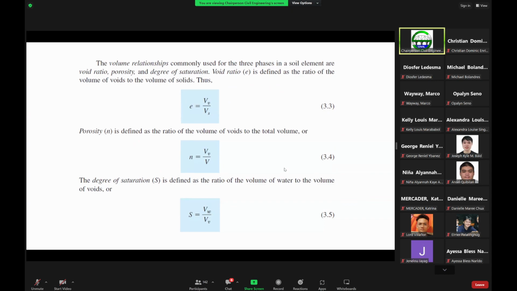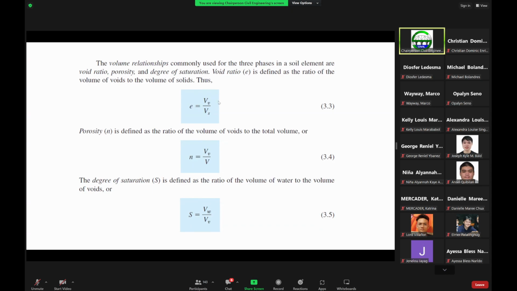The volume relationships commonly used for the three phases in a soil element are the void ratio, the porosity, and the degree of saturation. Now, the void ratio, which is symbolized by small letter e, is defined as the ratio of the volume of voids to the volume of solids.